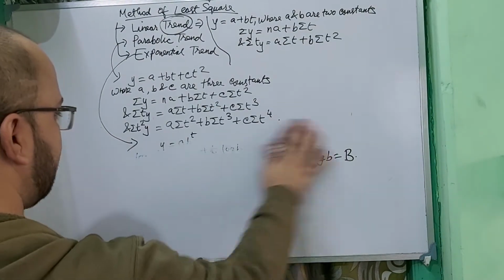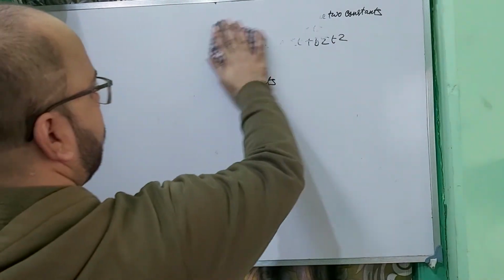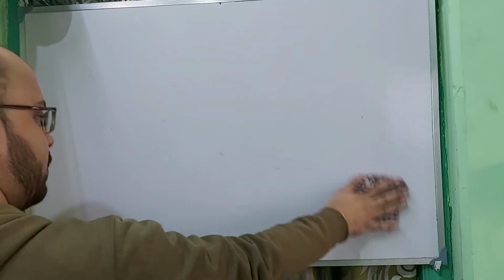As we can see, I have provided you one sum over there which states: fit a straight line trend to the following data, and years have been given starting from 1995, ending at 2001, and values have been provided, but you have to estimate what will be the value in the year 2005.